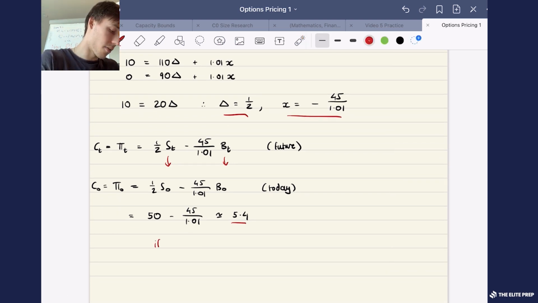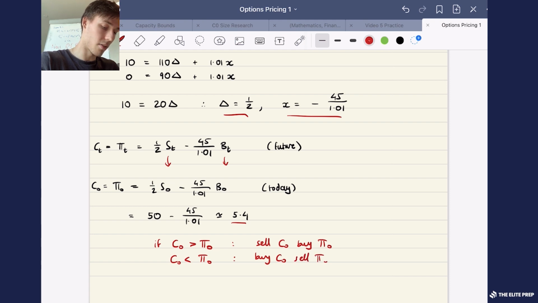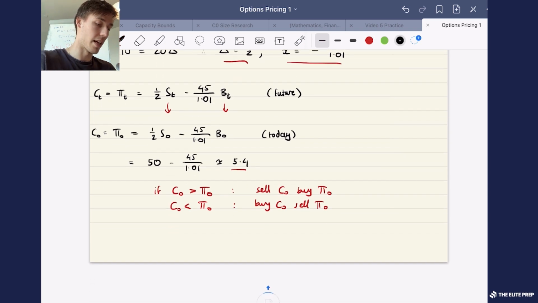So if C0 is greater than pi 0, then we sell C0 and buy pi 0 and we get a positive amount of money in all cases. And on the other hand, if C0 is less than pi 0, we buy C0 and sell pi 0, and then we still have a positive amount of money.